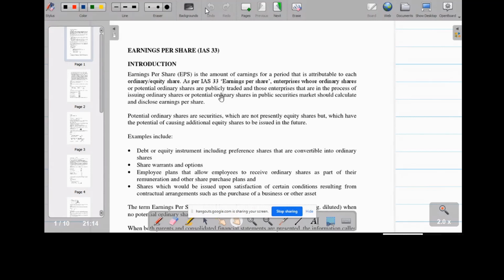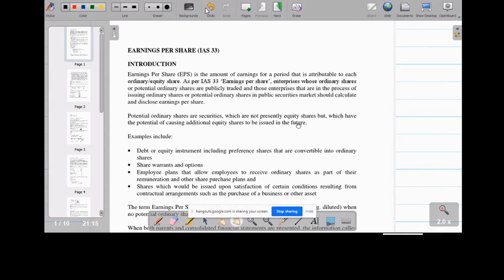Basically, when we talk of EPS, this is the amount of earning or profit for the period that is attributable to each ordinary share or equity share. For instance, we have the profit that you make in the financial statement, and you will find that you don't distribute all of it.